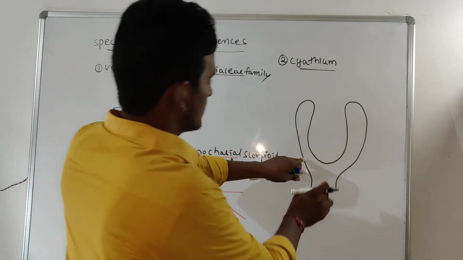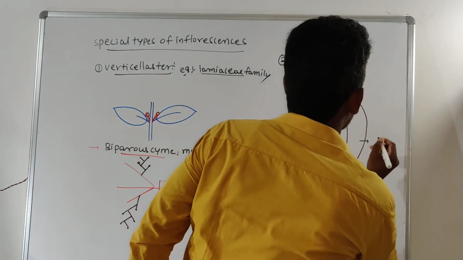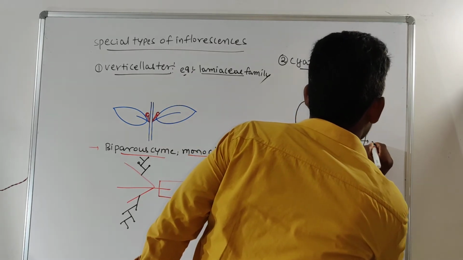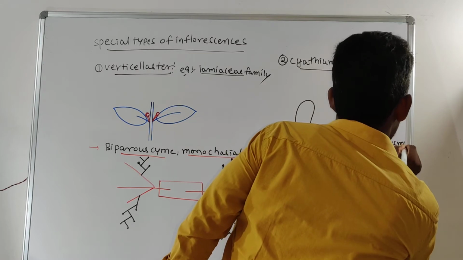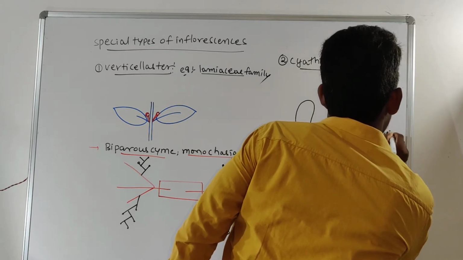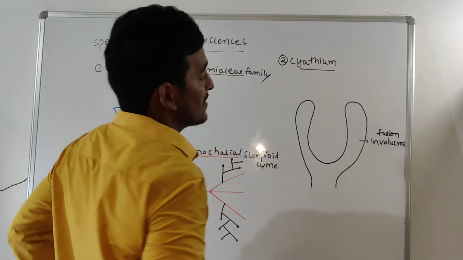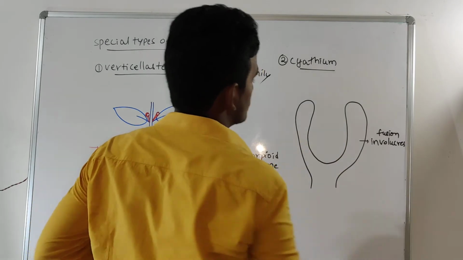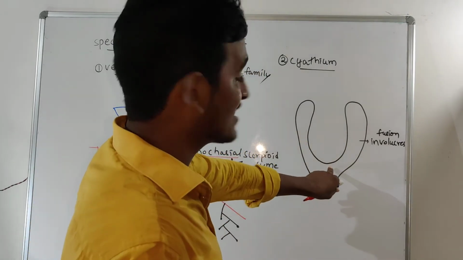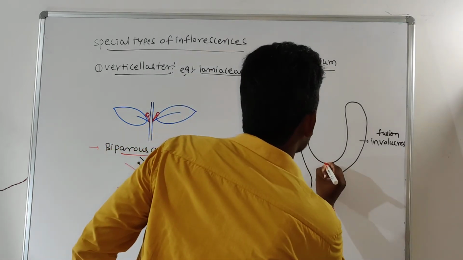See, it is a cup-like structure, a fusion of bracts or involucres, forming a sheath-like structure. It helps to protect all those flowers. That is the main function of this cup-like structure. In the center portion of this cup-like structure, a single pistil is present.